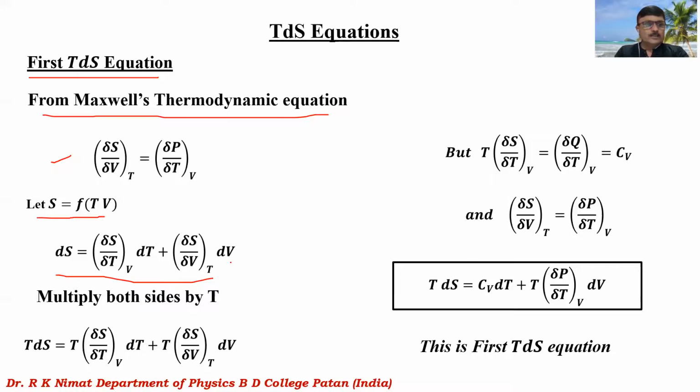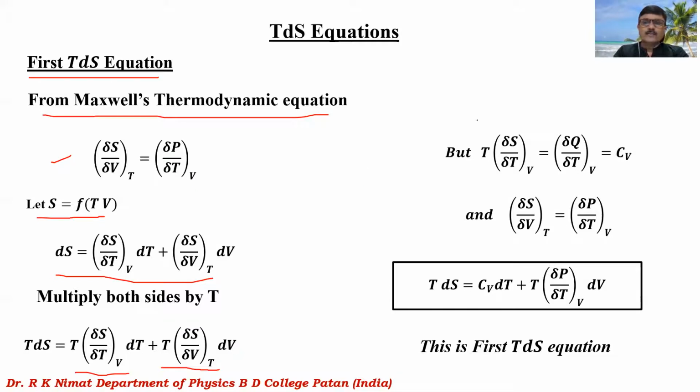Now we can multiply this equation on both sides by temperature T, so that we get the equation T dS is equal to T into delta S by delta T at constant V plus T into delta S by delta V at constant T into dV.